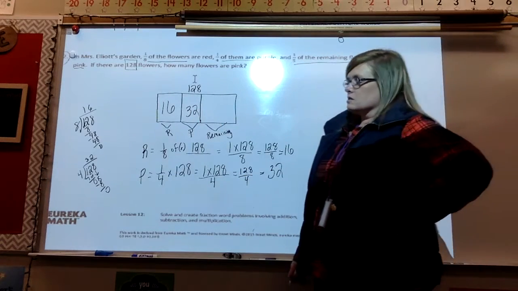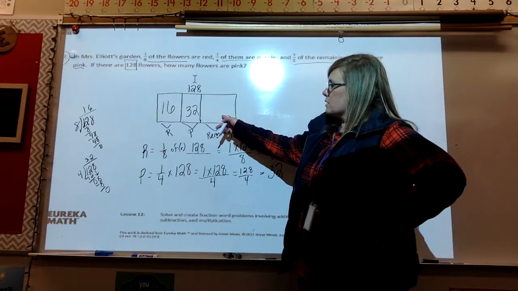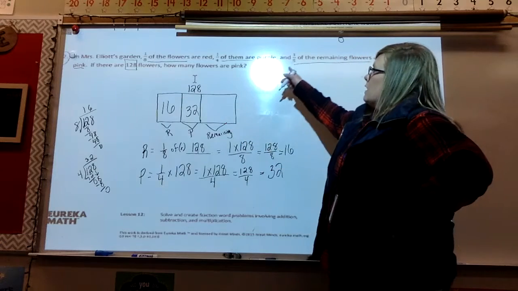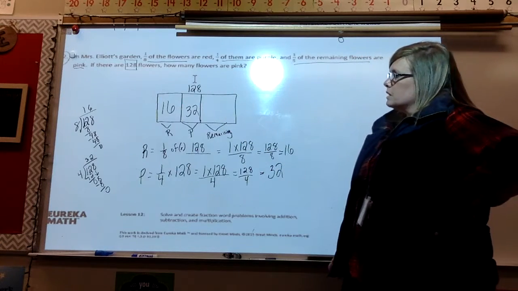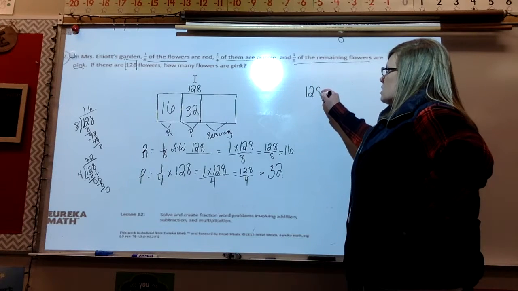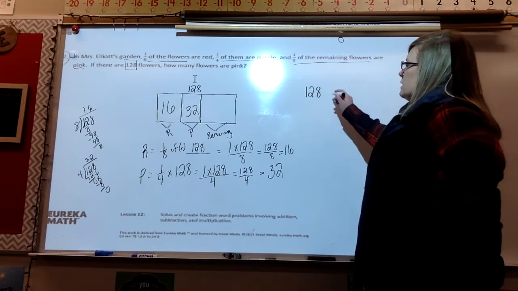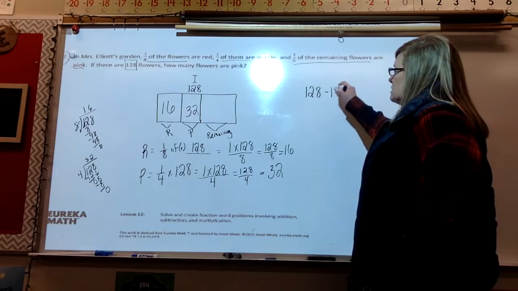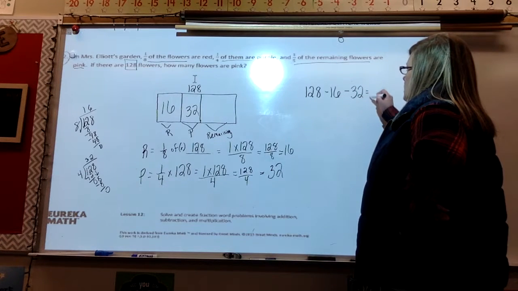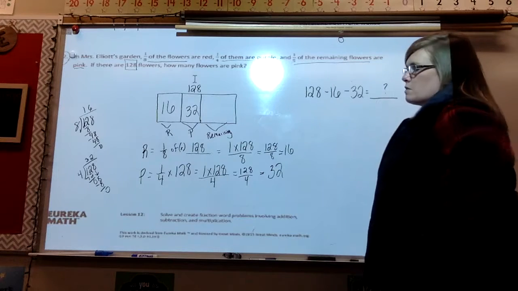We could actually use this information right now to figure out this part, because we're trying to figure out how many flowers are remaining, and then we can find out 1/5 of them. So if I know I'm starting with 128, if I subtract 16 and then subtract 32, I should be left with what's remaining.